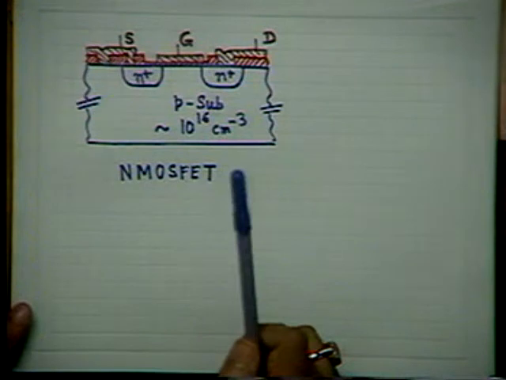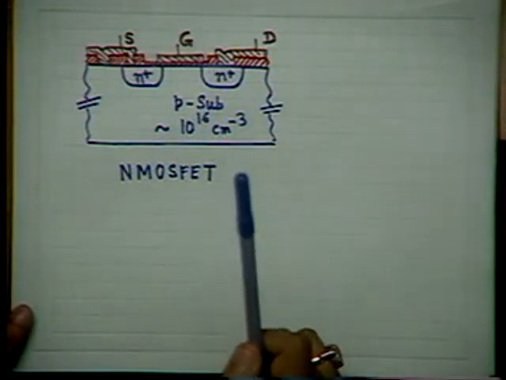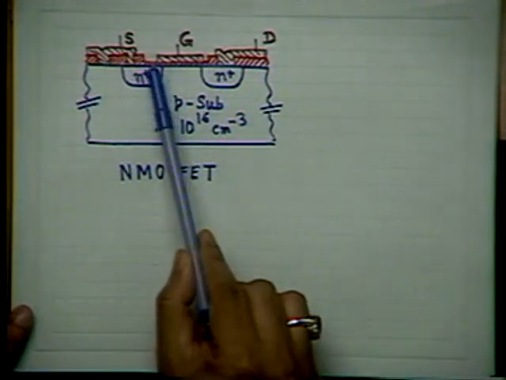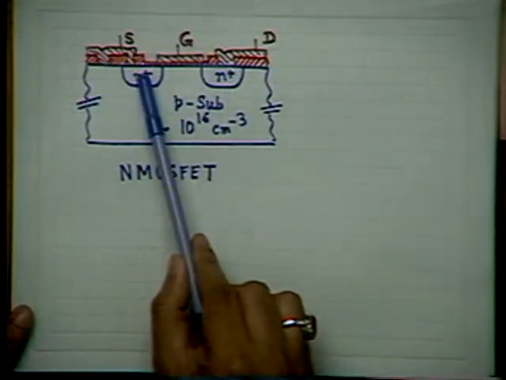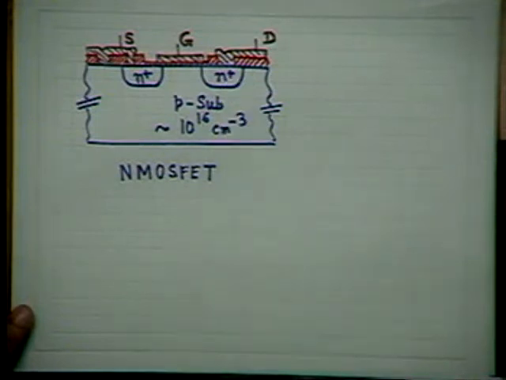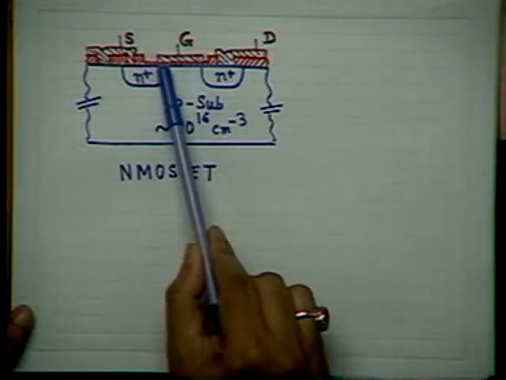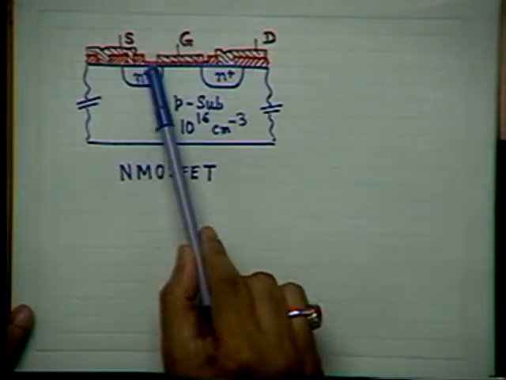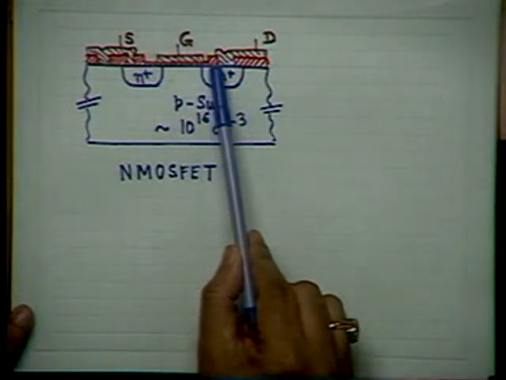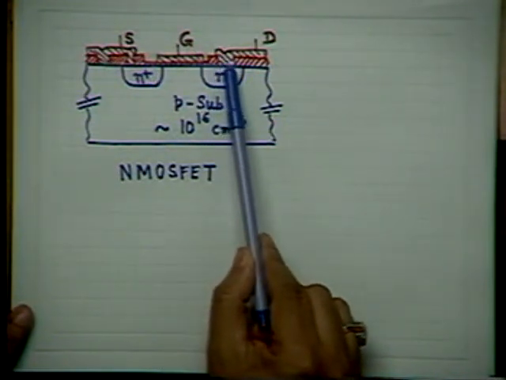crucial aspect of MOS is that in the region between the source and drain, these are called source diffusion and drain diffusion, over this region, there is an ultra thin, high quality silicon dioxide film.